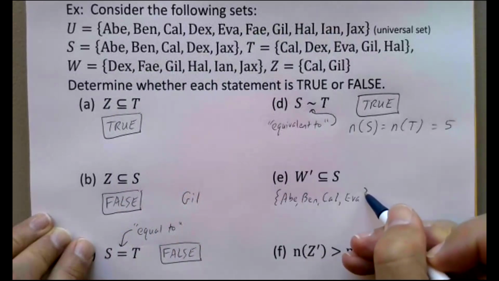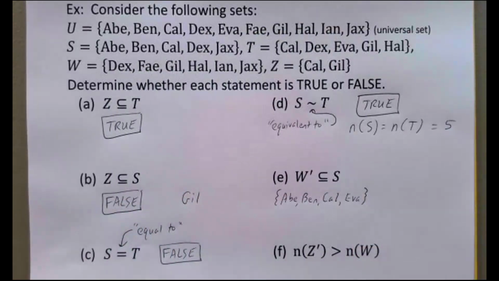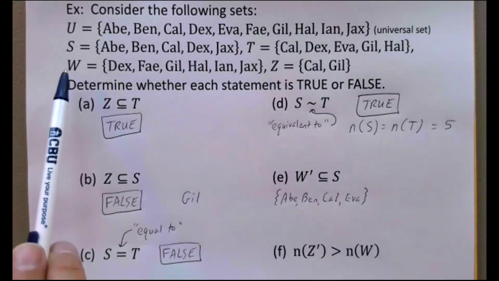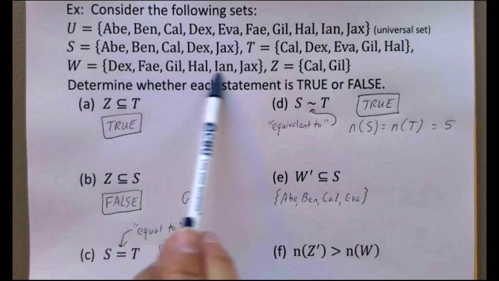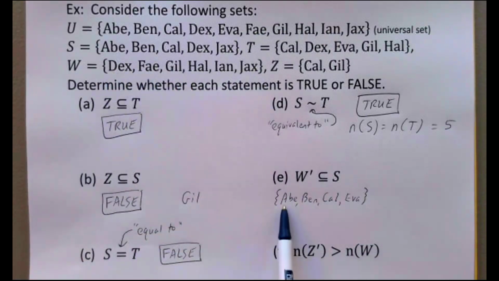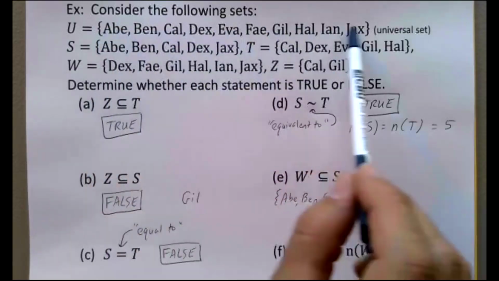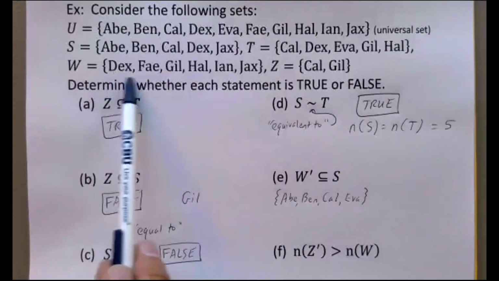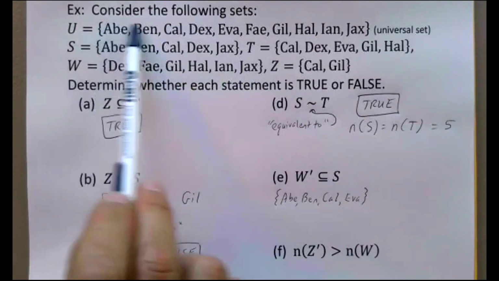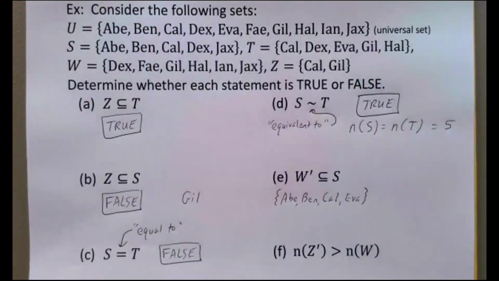So I think W complement would just be this set right here. Again, if W is defined like this, W complement would be the opposite of set W when compared with the universal set. Means everyone that's not in W, but they are in the universal set. Those are these people right here.